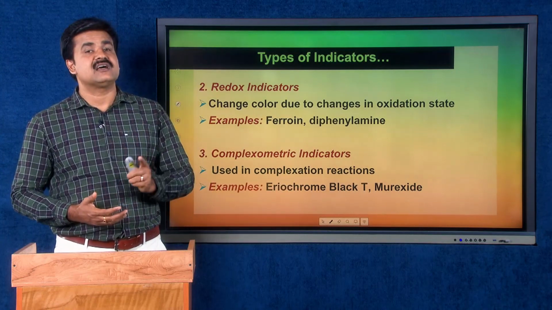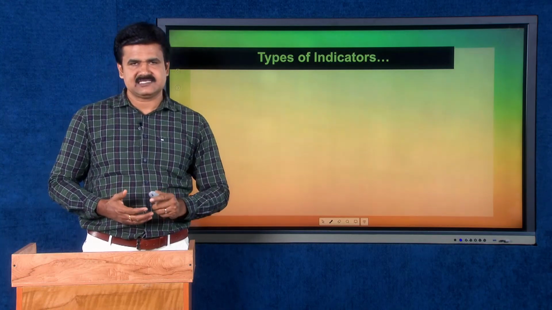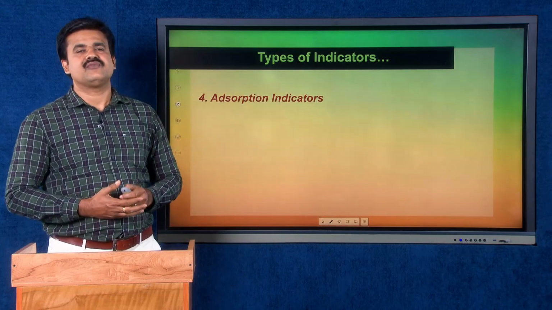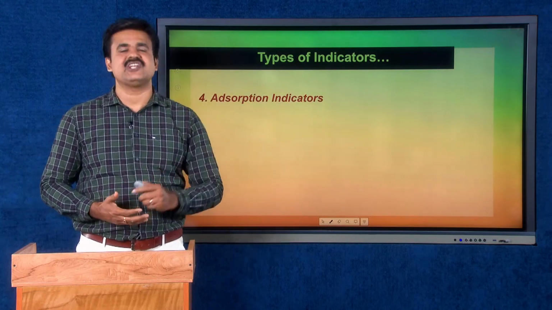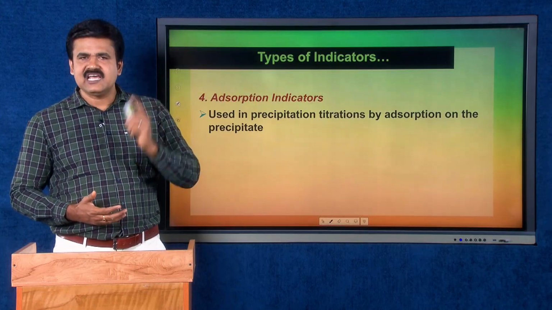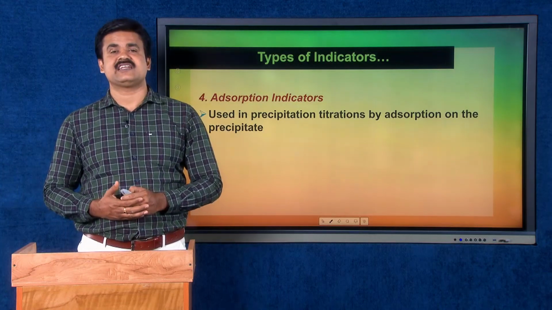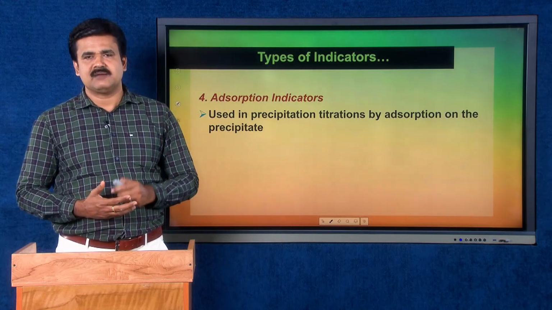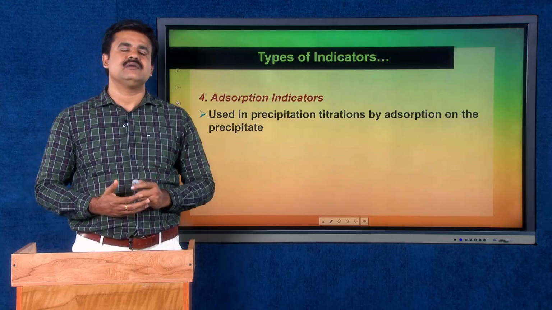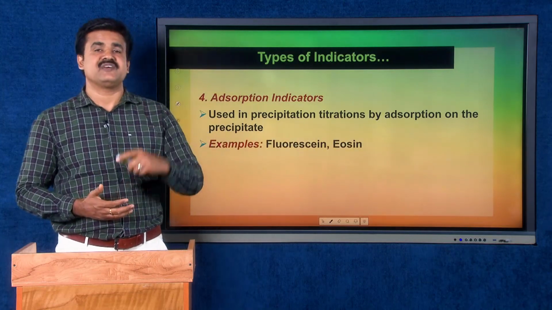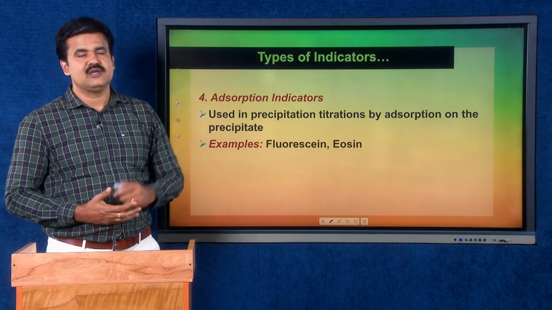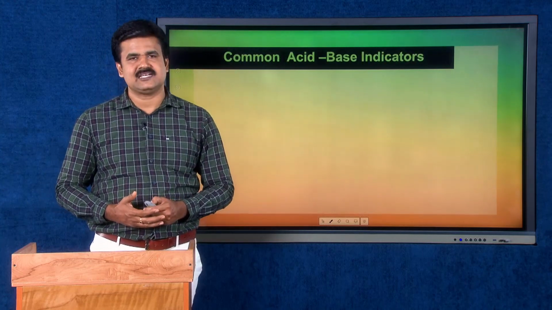The last category of indicators are adsorption indicators, and they are used in precipitation titrations by adsorption on the precipitate. Typical examples of adsorption indicators include fluorescein and eosin.